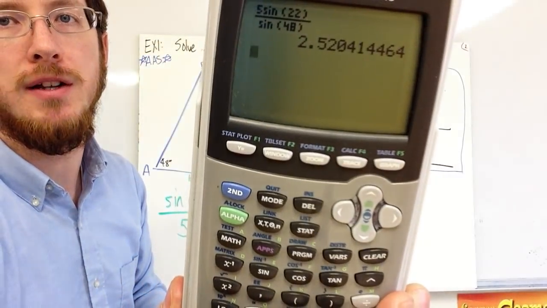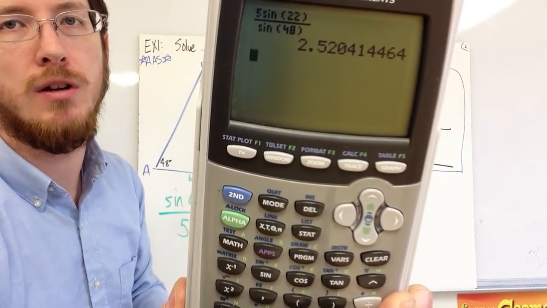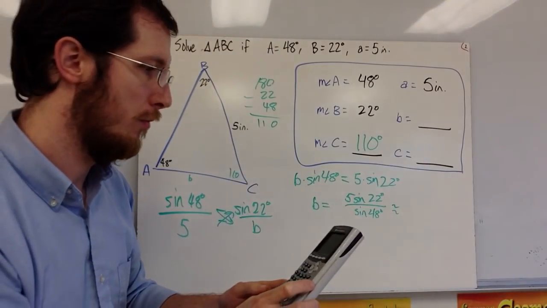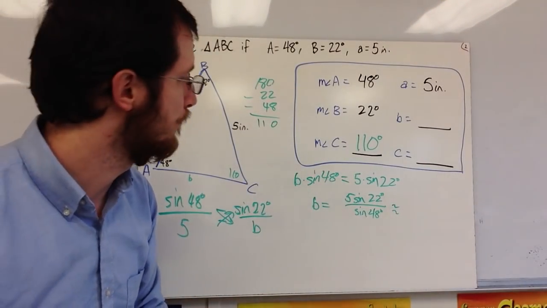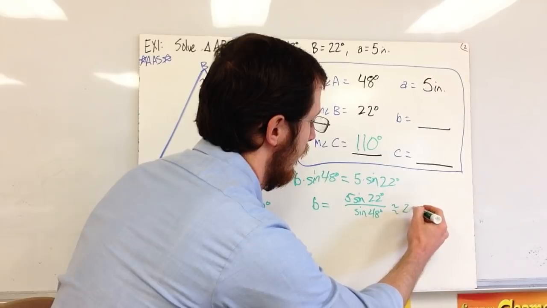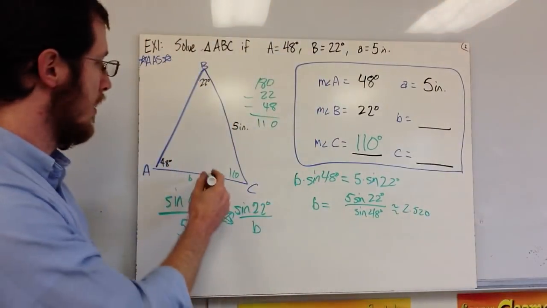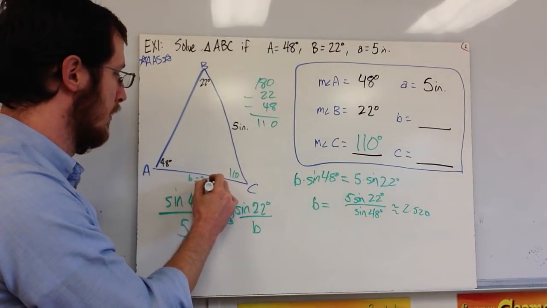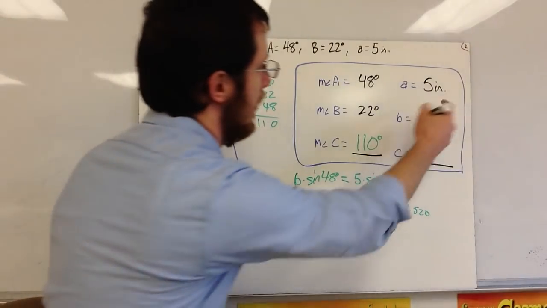That should give us our side, and we're going to round it to 3 decimal places. So 2.520. I'll put it there. I'm going to go ahead and put it on my diagram. And most importantly, I'm going to put it in my table.